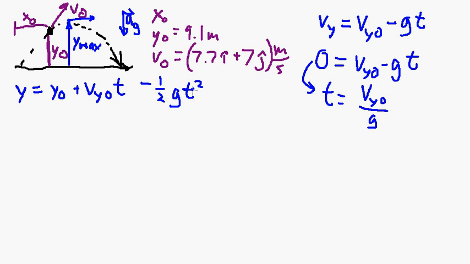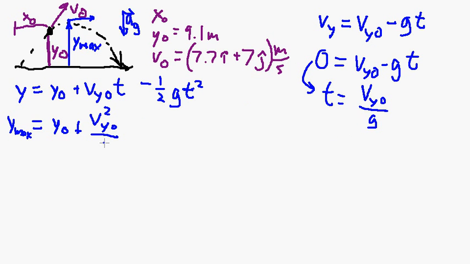So y max is y naught plus vy naught times t, and t is vy naught over g, so plus vy naught squared over g.